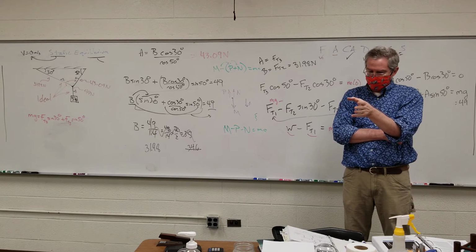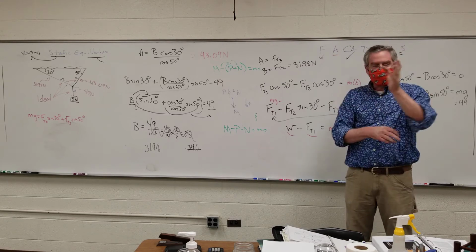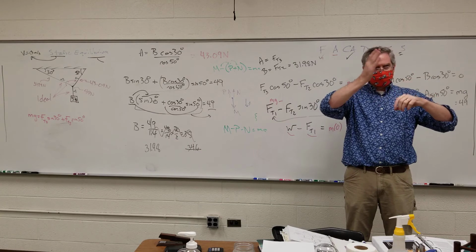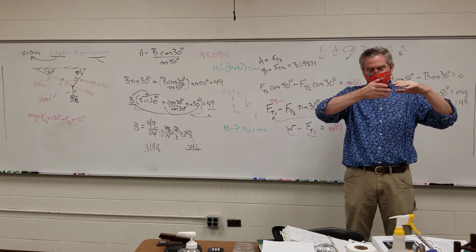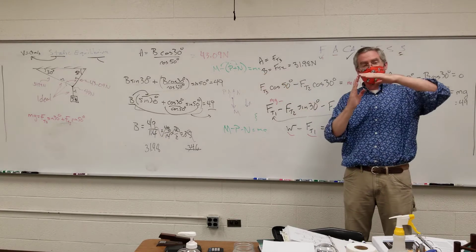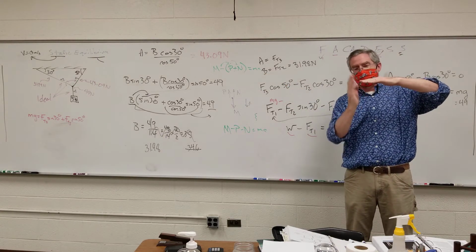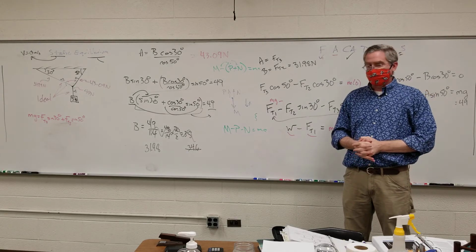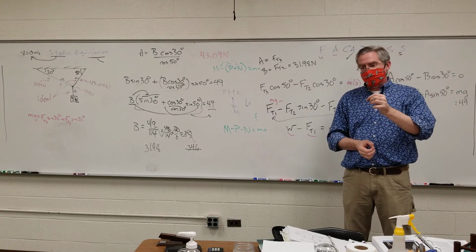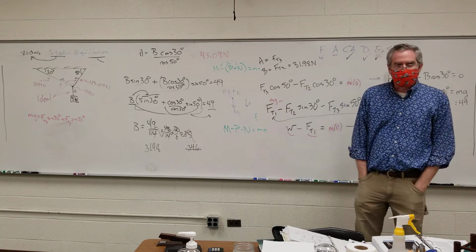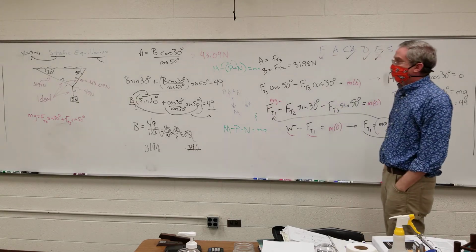There's a problem on a test years ago where everything was nice and rectilinear, all the forces were vertical or horizontal, except there was a rope, and two of the ropes were horizontal. One was horizontal, one was vertical, and I had one at an angle. But if you miss the connection point as being a point where you have to do a force diagram, then it'd be very difficult to solve.